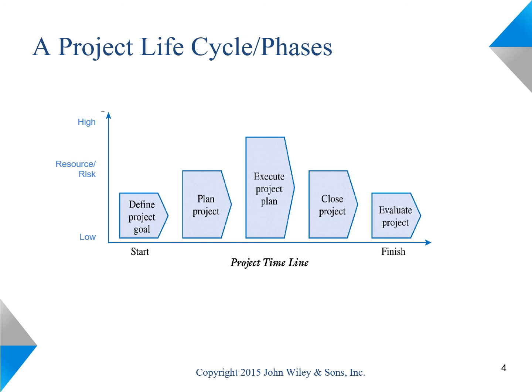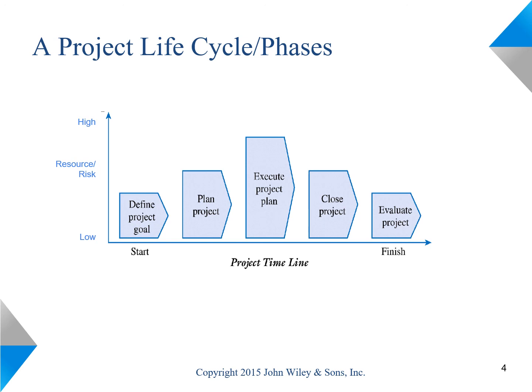This is an example of a project lifecycle and its phases. In the initiation phase, when we start the project, we define project goals and put together a business case for why we need to do the project.